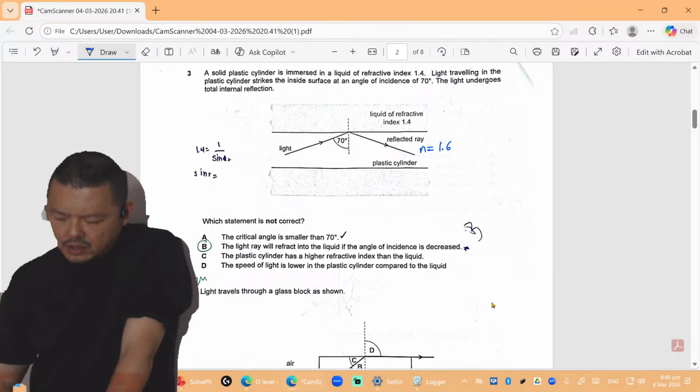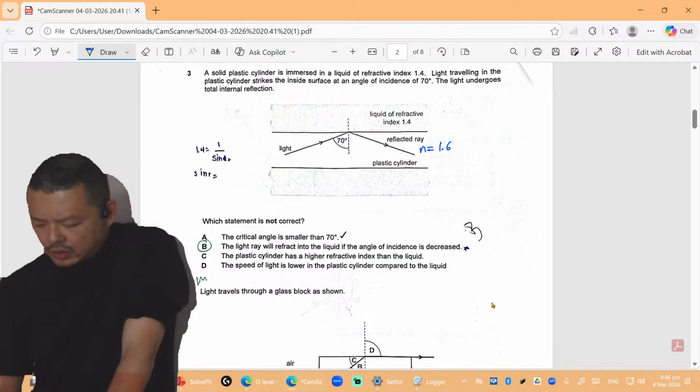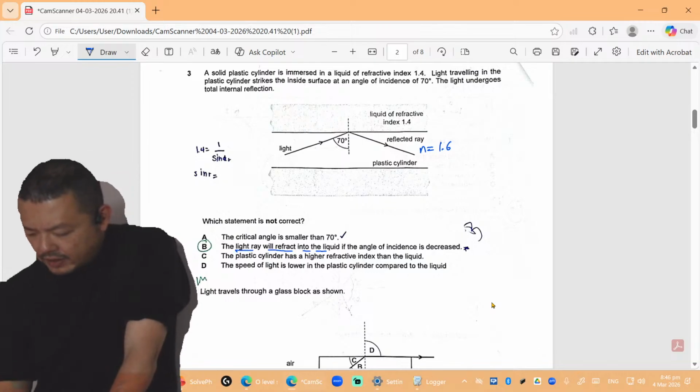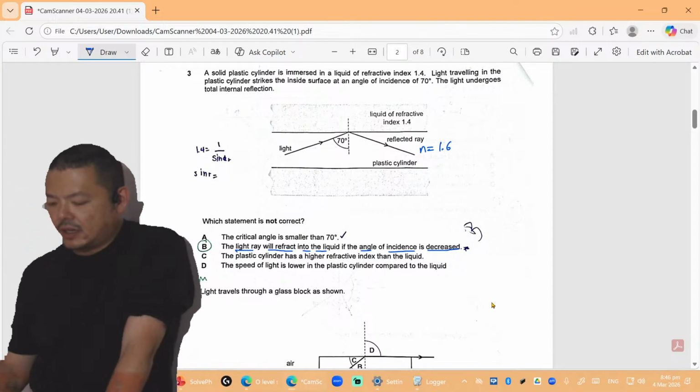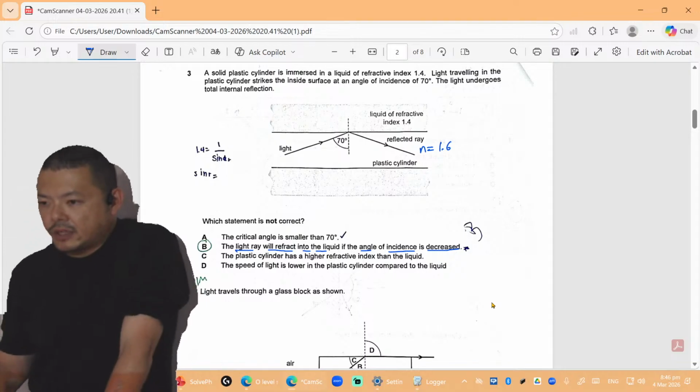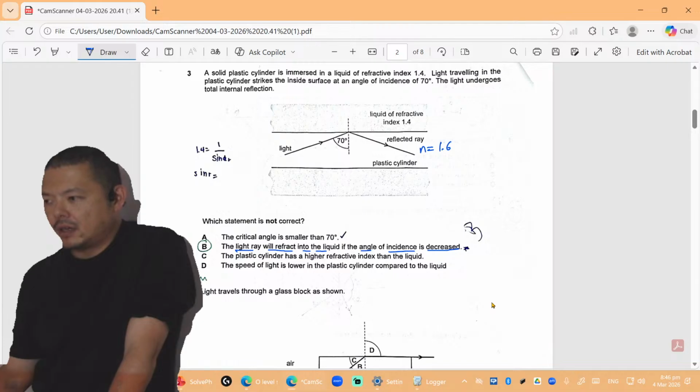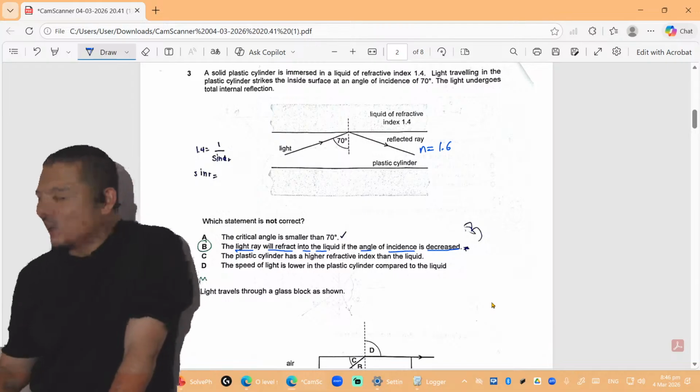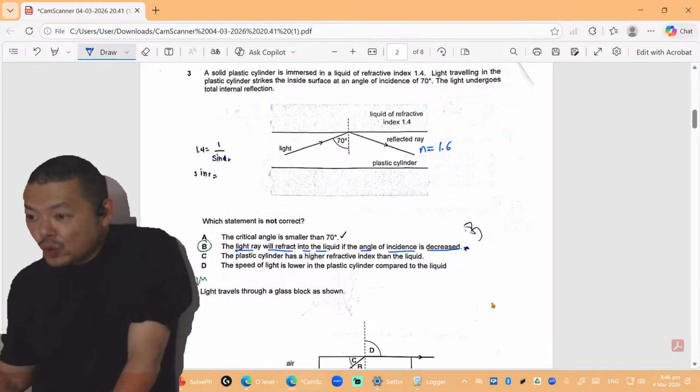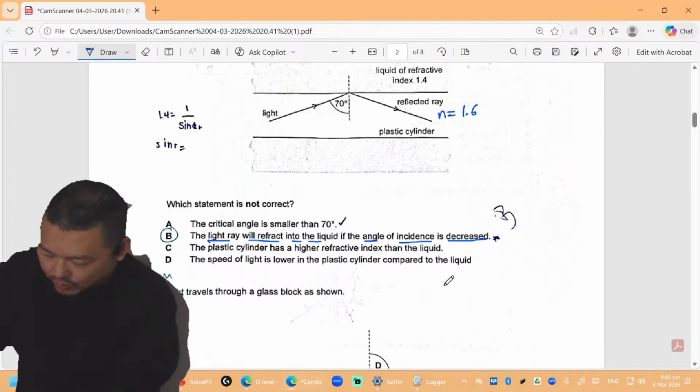So, light ray will refract into liquid if the angle of incidence is decreased. Let's say I decrease it to 69.9. It's not fair, right? You don't actually know what the critical angle is.